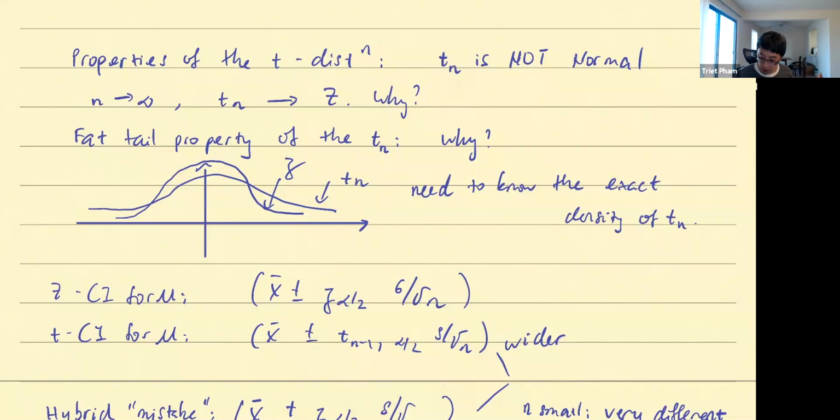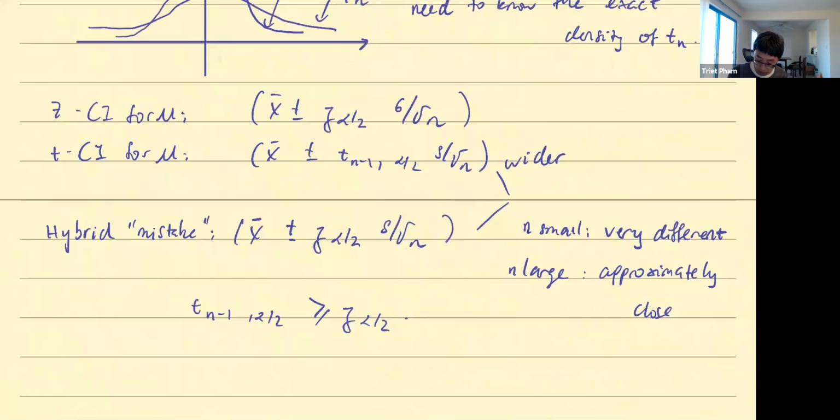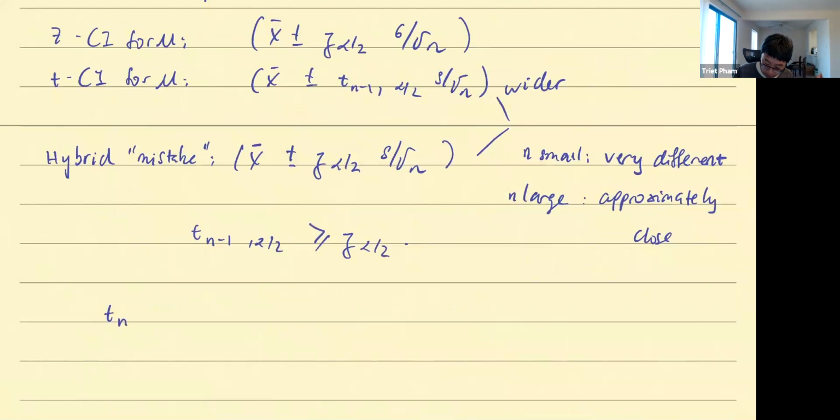On the other hand, I claim that this can be known just from the working definition that we just posed. Our working definition says that Tn is a standard normal divided by the square root of chi-square n over n.